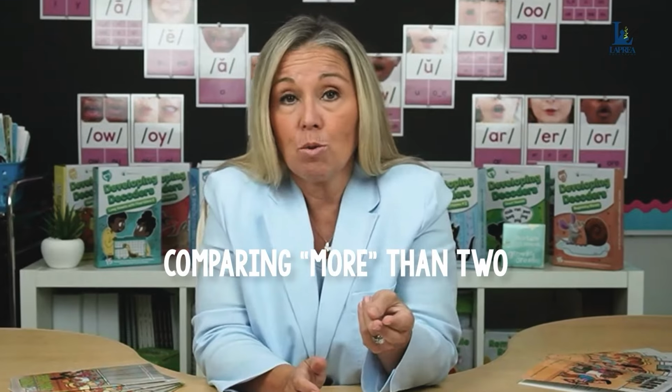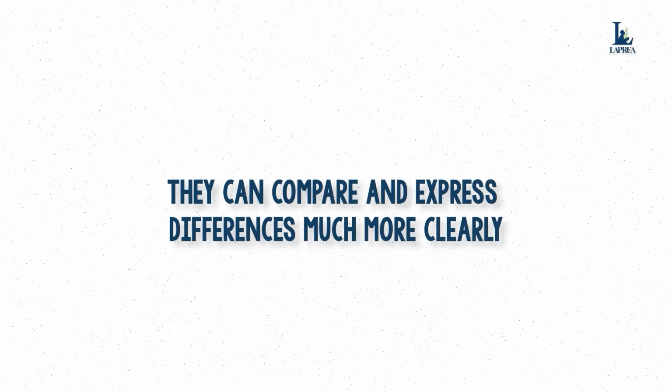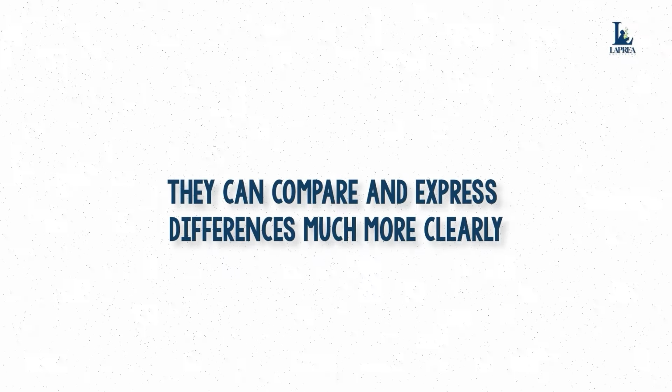The word biggest is a superlative, and it's used to compare more than two things. So when students are learning comparatives like bigger and superlatives like biggest, they can compare objects and really express the differences much more clearly when they're using those different types of words.